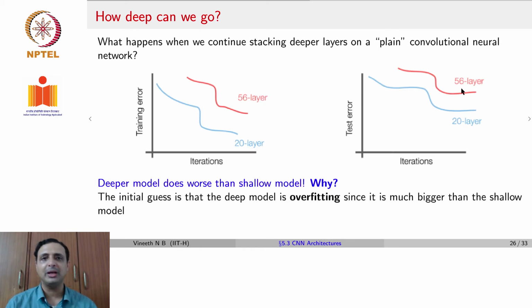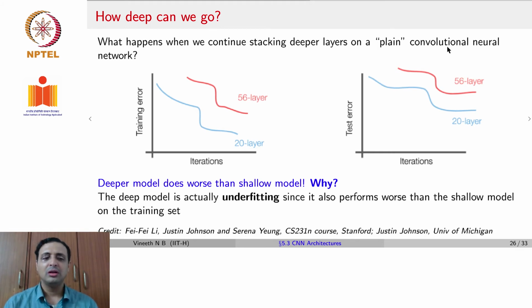You have more parameters and it perhaps is becoming more complex and hence is overfitting. But if that was true, the training error would have been lower for a 56-layer network than a 20-layer network. Unfortunately, even there, the 20-layer network had a lower error, which means the 56-layer network was also underfitting.